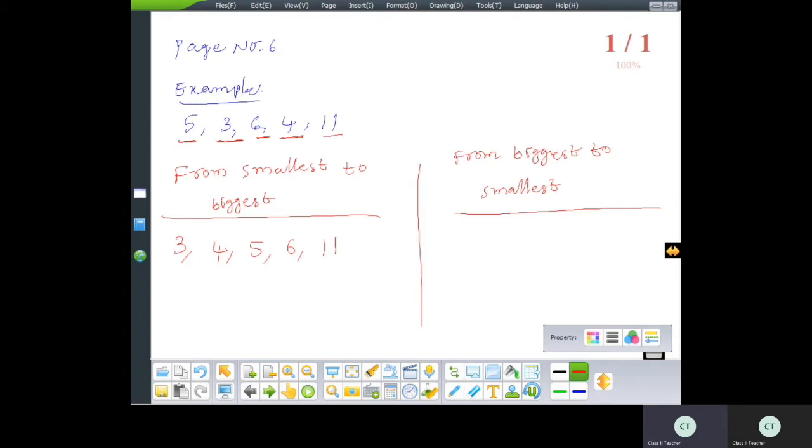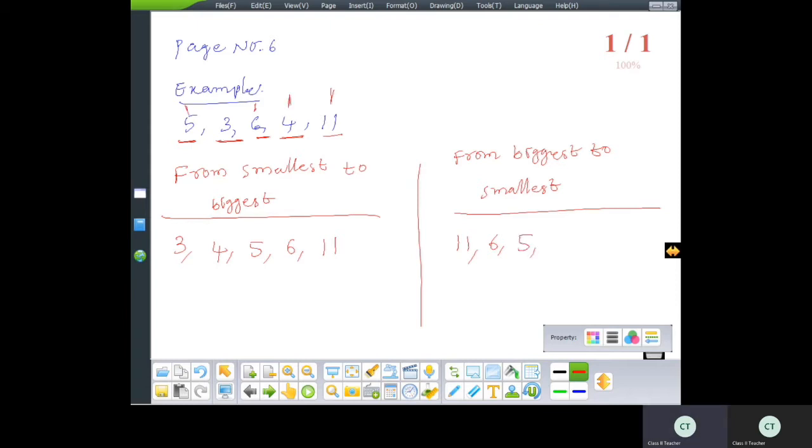And the next topic is from biggest to smallest. Which is the biggest number from the given numbers 5, 3, 6, 4, 11? First one is 11. And next one is 6. After 6, 5.